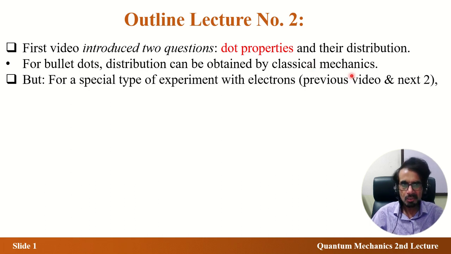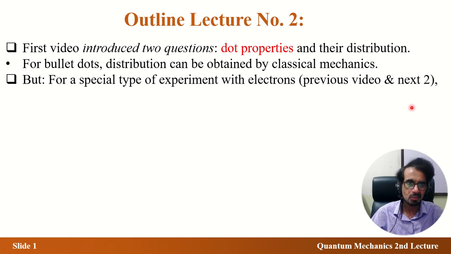But as it is there in the next video and the next to next, if the same experiment is repeated with electrons, and you tell where electrons are more detected and where fewer dots using classical mechanics, then that will not be verified by experiment in today's time.